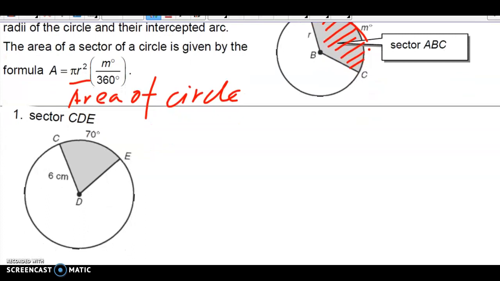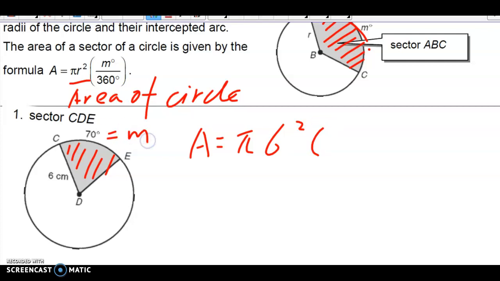Okay, based on this formula, let's see the question here. We want to find the area of sector CDE, which is this one. Okay, so area equals pi r squared. We just plug into the formula: pi times r, which is 6, squared, times m, which is right here, 70 degrees over 360. Okay, then I simplify.